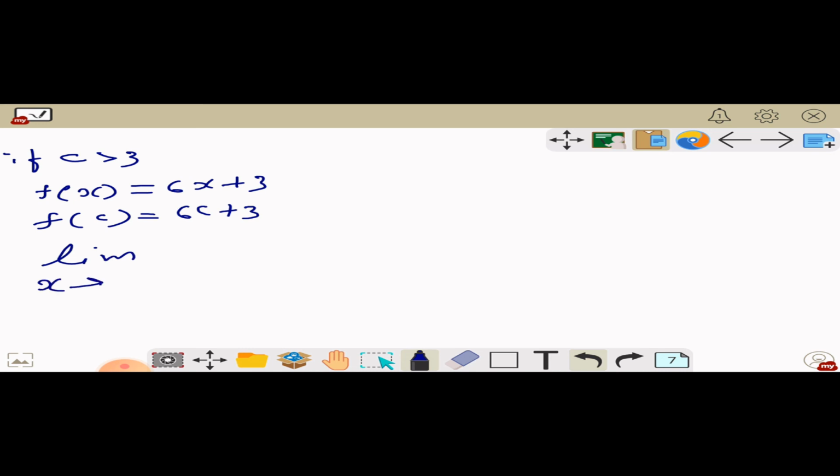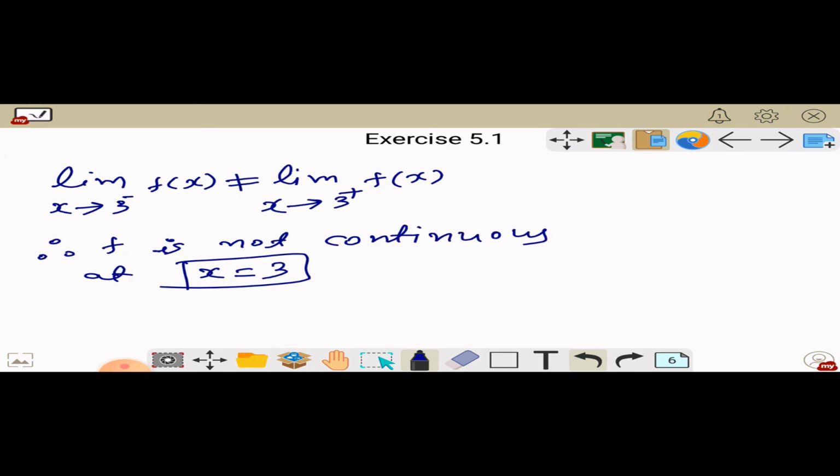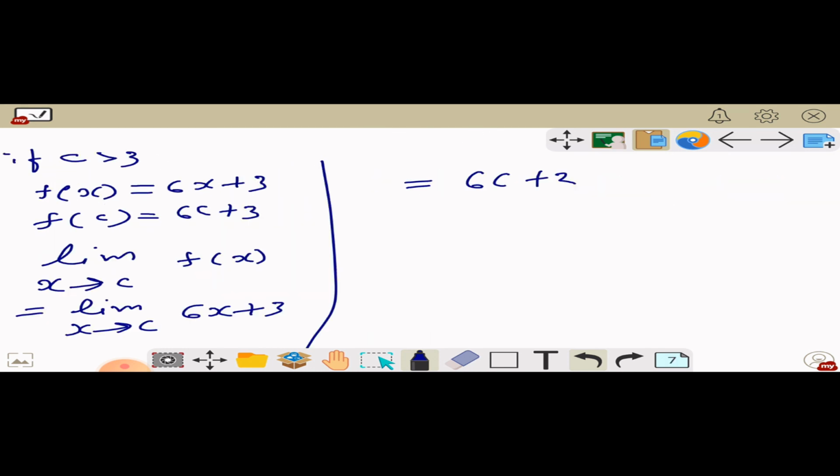Now limit x tends to c of f of x is equal to limit x tends to c of 6x plus 3, which is equal to 6c plus, I think it is 2, right? Let me check. Yes, it is 2, 6x plus 2. So let me correct it here and here also. So here it is 6x plus 2.